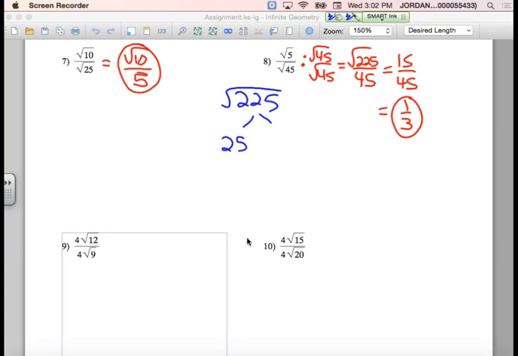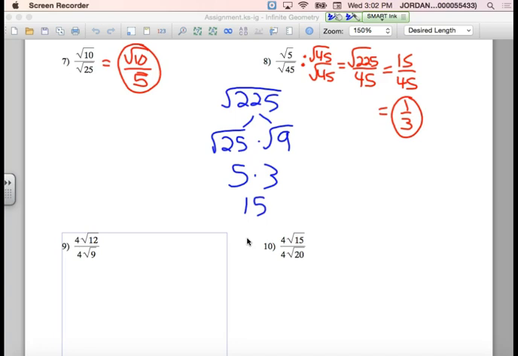And then I'll divide 225 in my calculator by 25. And whenever I do that, I get 9. So I say, oh, that's square root of 25 times the square root of 9. Well, both of those are perfect squares. That's cool. So square root of 25 is 5 and square root of 9 is 3. So it's just 5 times 3, which is 15. So actually, 225 was a perfect square. We just might not have known that because it's such a big number. But if you break it down just like you're supposed to, you'll still get the right answer.